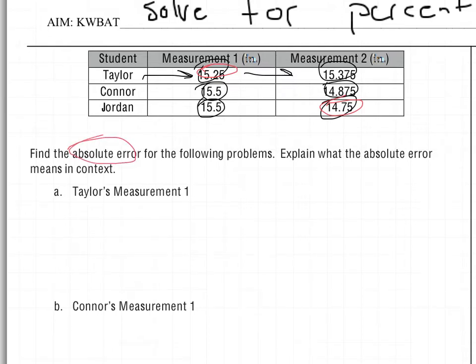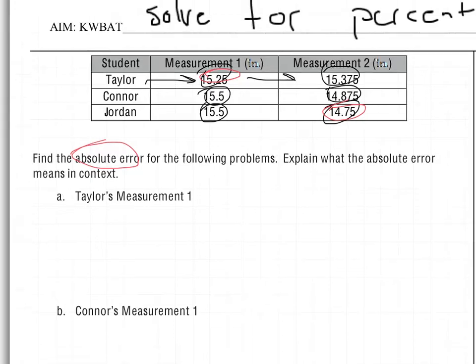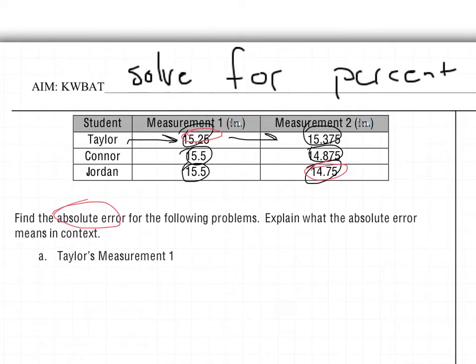Absolute error is suggesting to us that it does matter how far off they are. It doesn't matter which direction off they are.